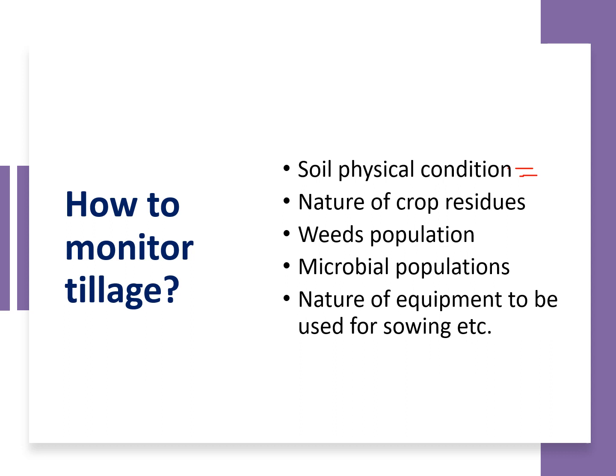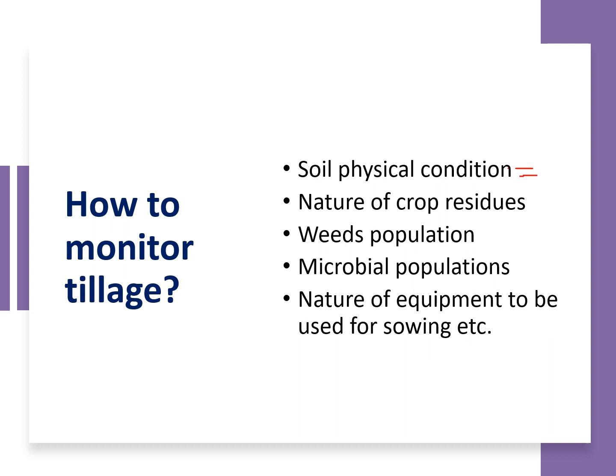Then the nature of crop residues, what kind of residues you have and what kind of tillage is required. Weed population, if there is a huge population of weeds, which must be cut down with the cultivators or with the tillage equipment. Microbial population, if you have an assessment of microbial population, then you have to consider whether the tillage will have benefit for that or not.